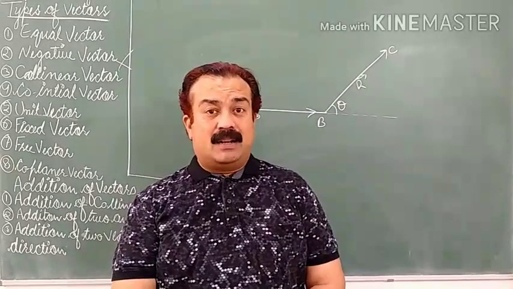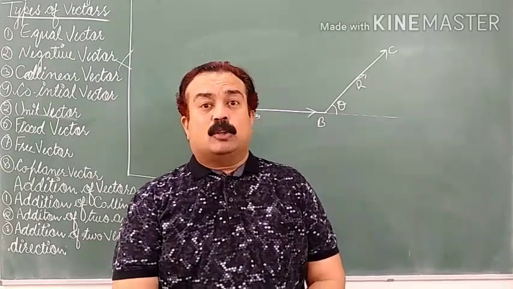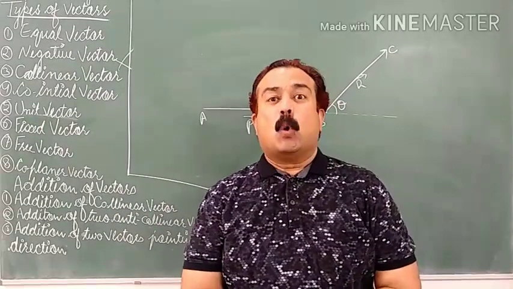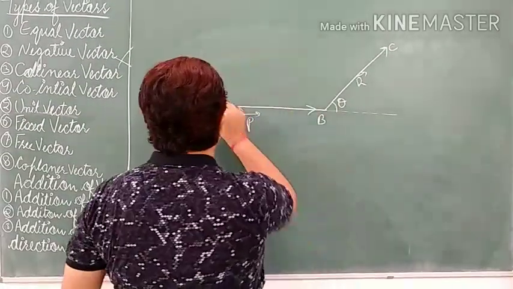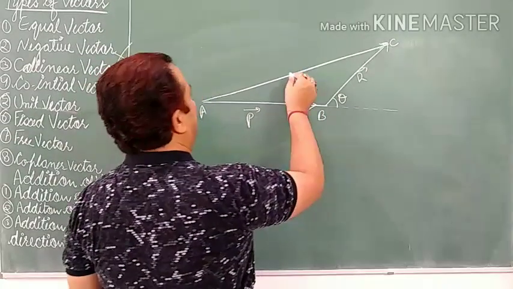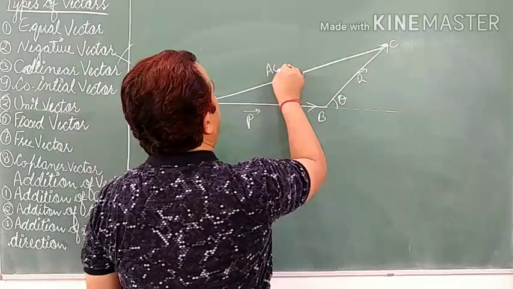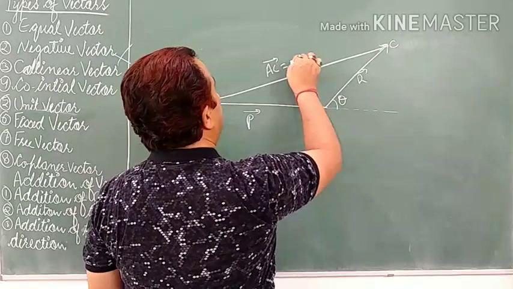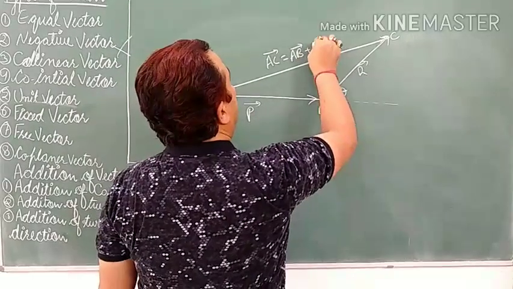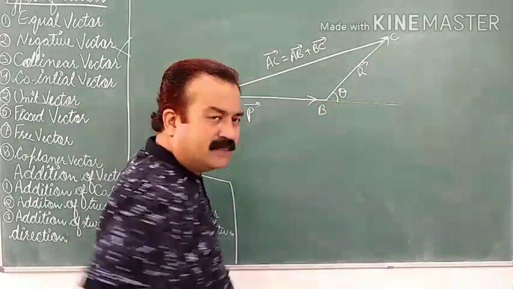They are not parallel, they are not anti-parallel. So such kind of vectors, how can we add them? We can add them in this manner. So this AC vector can be written as AB vector and then BC vector.